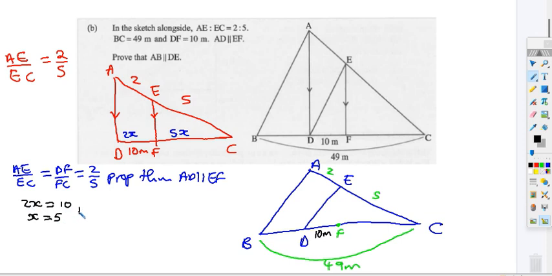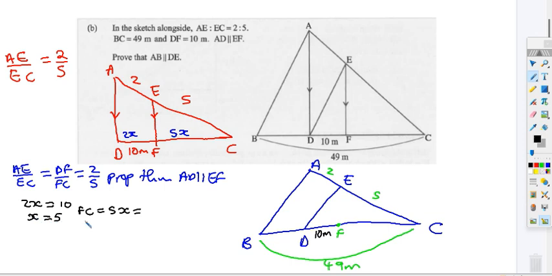So we can conclude that your FC is equal to 5x, which is equal to, this is a 2 there, so we get 10, right? No. That's a mistake there.